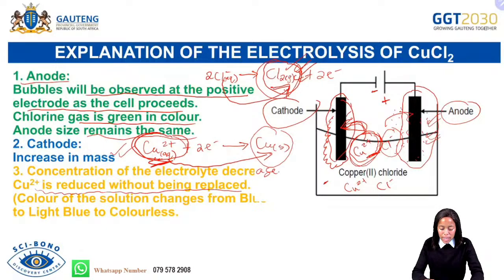So when that is happening, what do we have at the anode? At the anode, we have bubbles, or the chlorine gas, being produced. Because the anode is producing the chlorine gas, the Cu2+ is not replaced in solution.